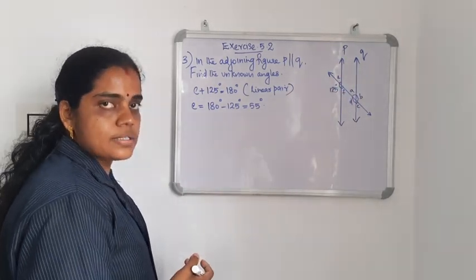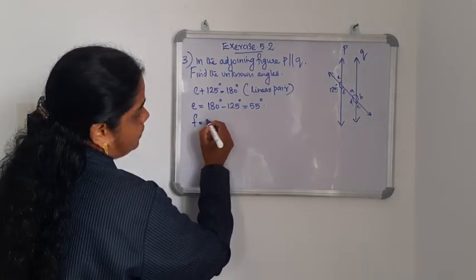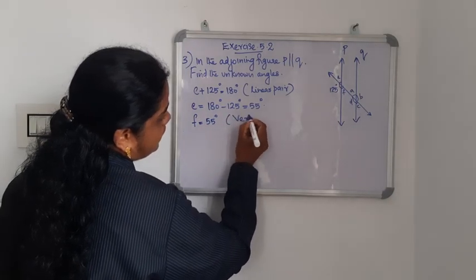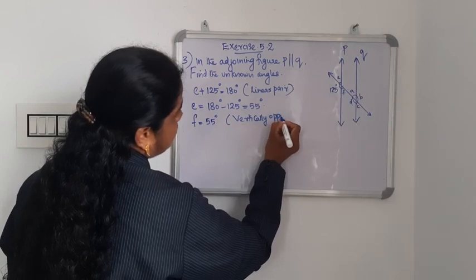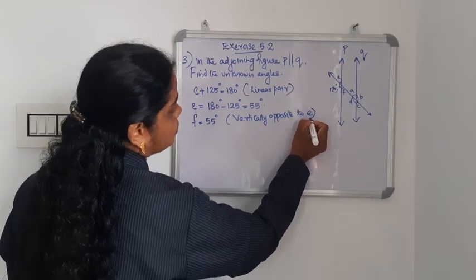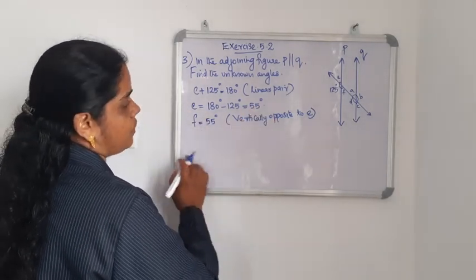Vertically opposite angles are equal. So we can write F equal to 55 degree, within bracket vertically opposite. Vertically opposite angles are equal. Vertically opposite to E. So E is 55, F also 55.